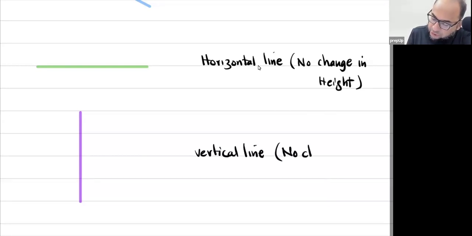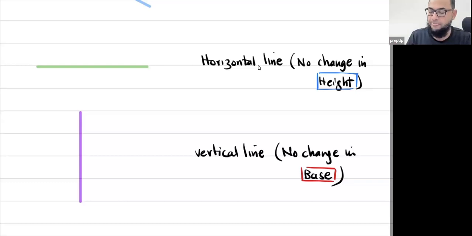There is no change in what you call base. So I'm using the term base, that is the horizontal, and no change in height, that's for the vertical. A horizontal line has no change in vertical, a vertical line has no change in the base.